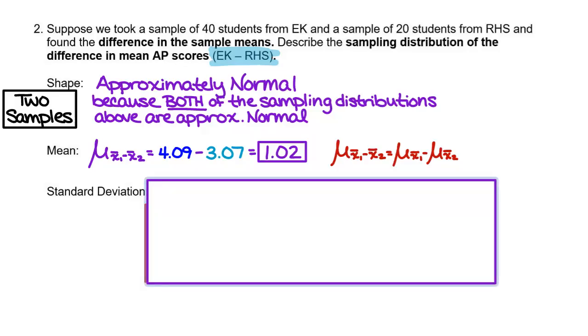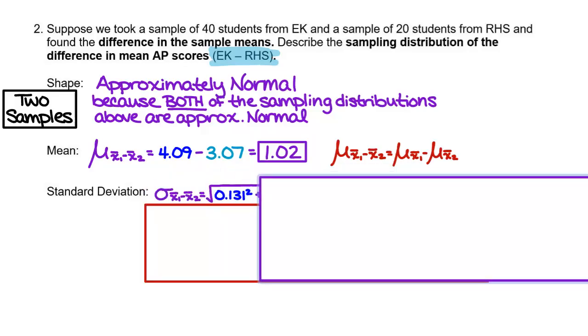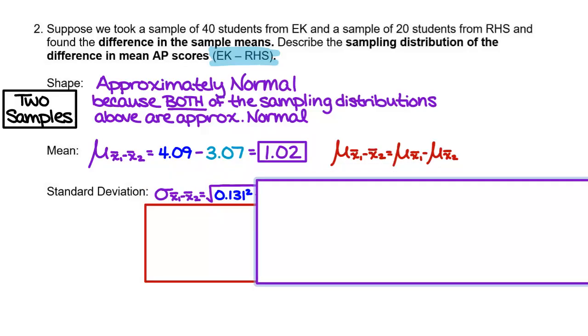So how do I find the variance? How do you find the variance? Square your standard deviation. So what was the standard deviation for East Kentwood again? 1.31, or sorry, not 1.31, but 0.131. So we're going to do 0.131 squared plus what?